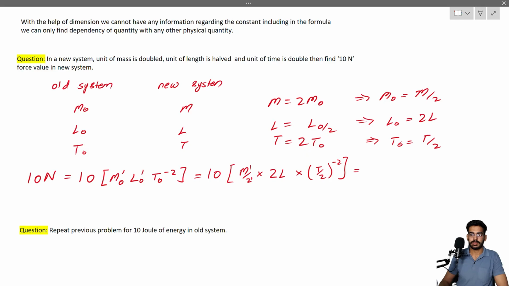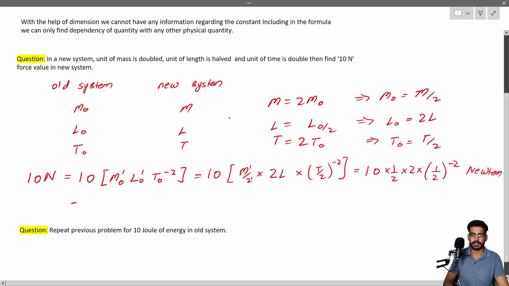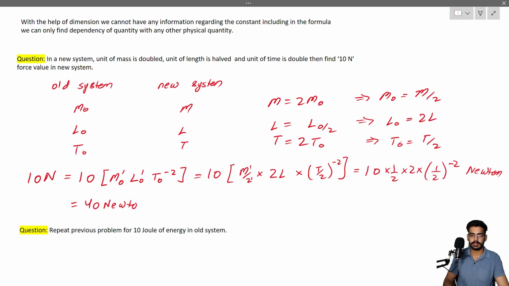So this is going to be 10 into 1 by 2 into 2 into 1 by 2 to the power minus 2, into the new unit, right? So in the new system, Newton. If you calculate this value, it is going to be 40 Newton in the new system. This is the value. I hope this is clear.